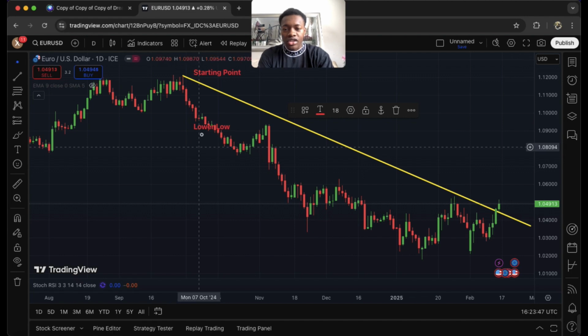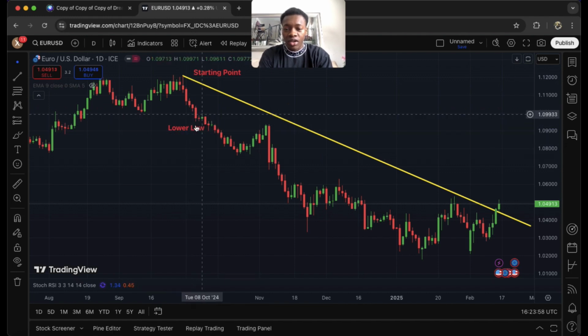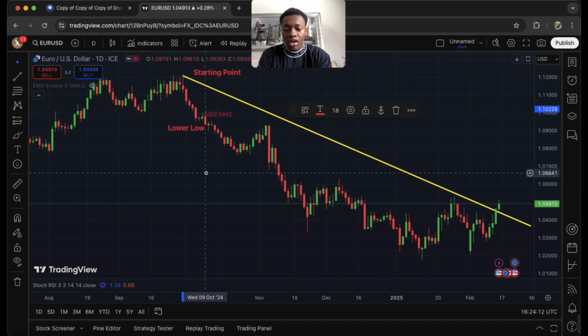And so what that means is that from this point, the market's lowest point was right here. And then from this lower low, on a smaller time frame, the market went up and created a lower high. So it went up, but this high was not higher than that one. It was lower than the previous high. So what we have right there is something that we like to call a lower high.